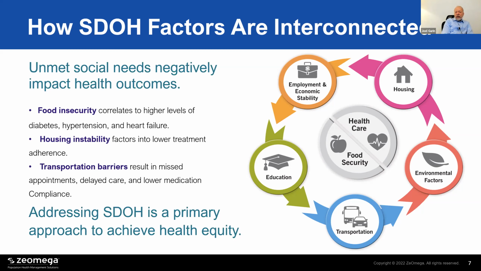What we did find is that healthcare and food security are two factors that are really impacted by just about everything. In the same way that employment and economic stability impact just about everything else, just about everything impacts food security or insecurity and healthcare.